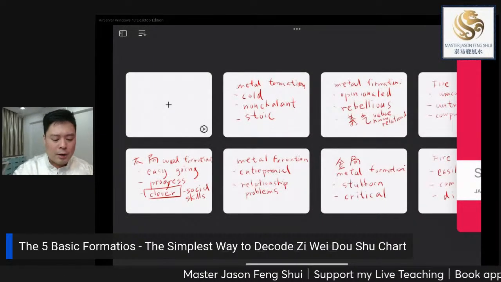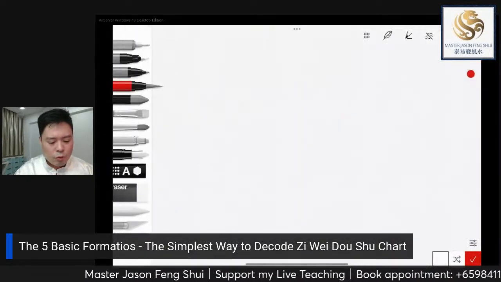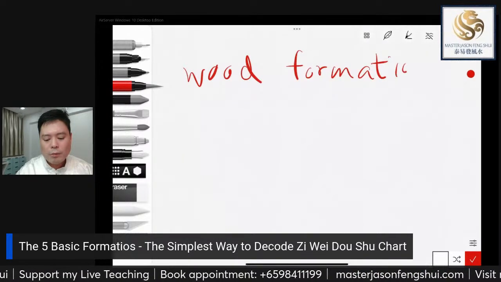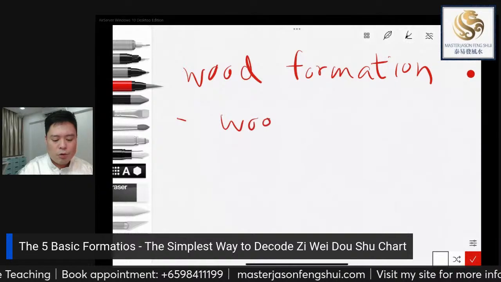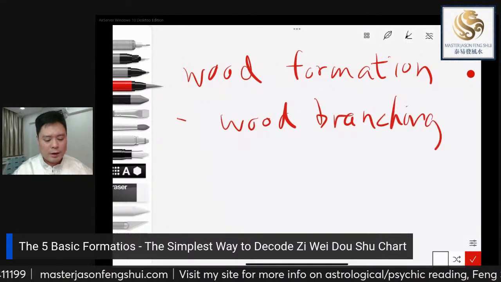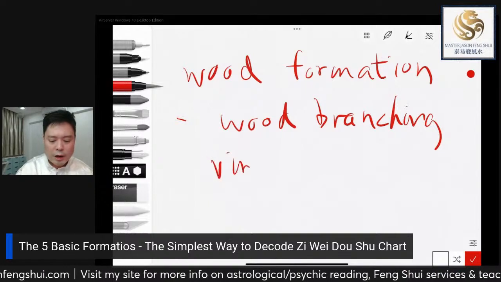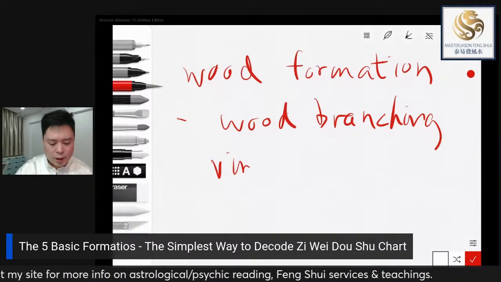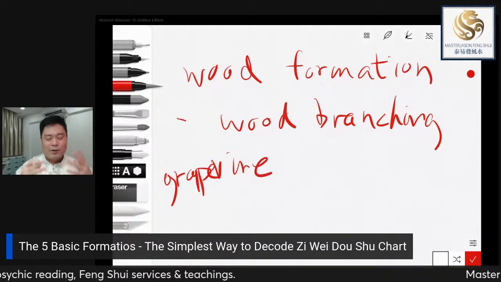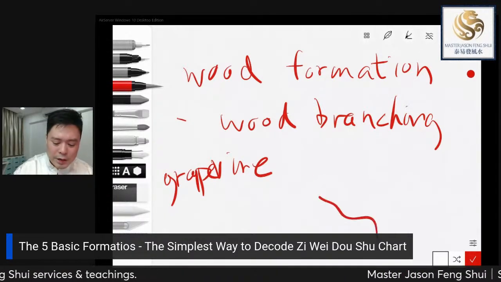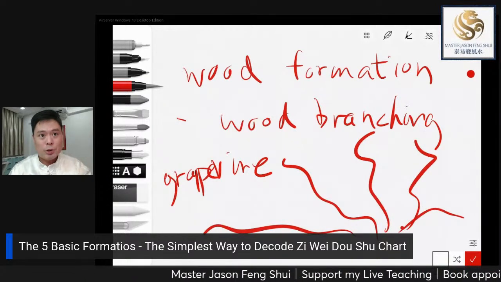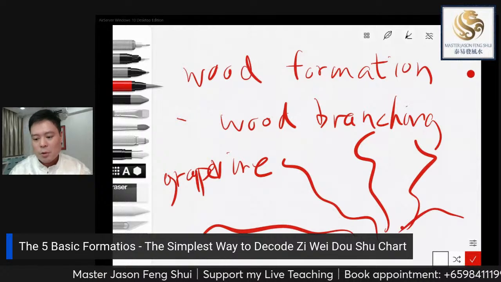If you look at wood, they are always branching out, or always receiving, like the grapevine. Sorry about my writing. They're always branching out to receive information from all directions. So they can be very informative also.